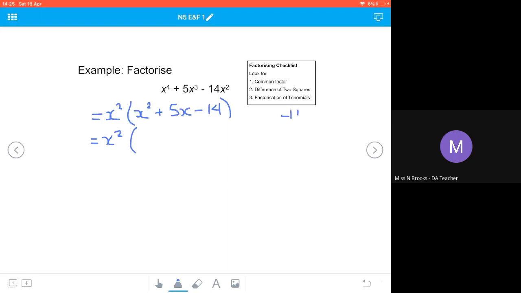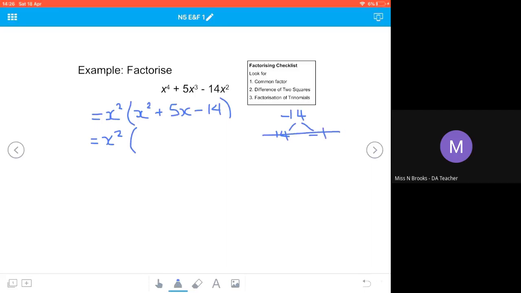And negative 14 at the end and a positive 5x in the middle means our brackets are going to have different signs. So we need one positive and one negative factor of 14 that are going to give us plus 5. And because it's a plus 5, our bigger factor is going to be the positive number. So we've got 14 and negative 1. That gives us 13, so that's not going to work.